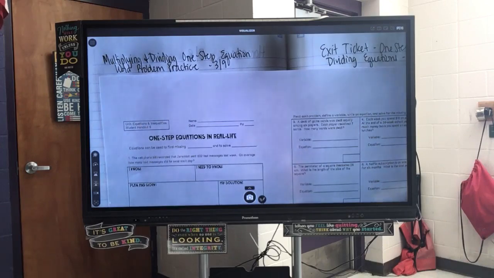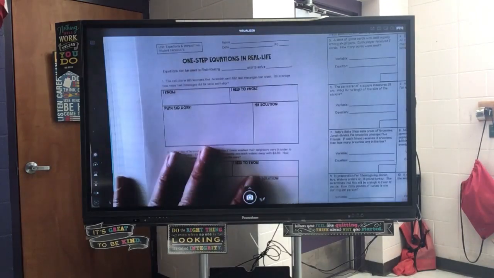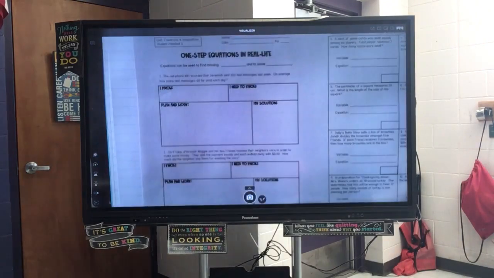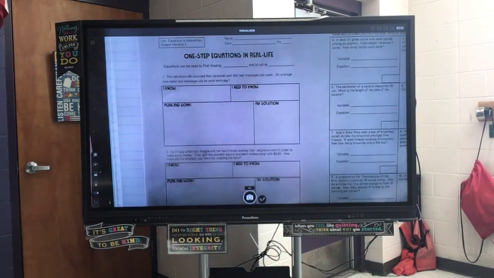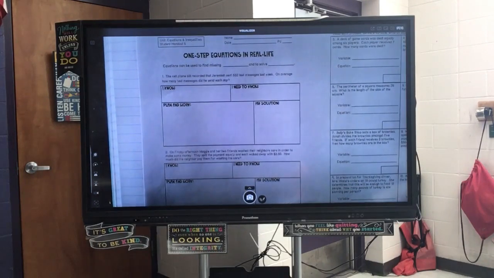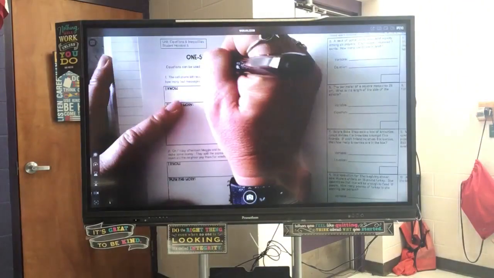At the top of it, fill in the blank information up here. It says equations can be used to find missing blank and to solve blank. What do we put in there? Can you look back at your notes from the other day that look just like this and maybe make that make sense? Equations can be used to find missing variables.